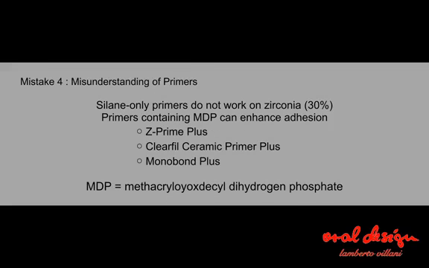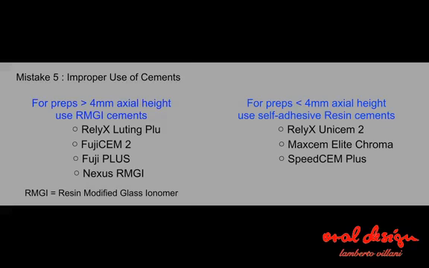Fourth mistake: misunderstanding of primers. Silane-only primers do not work on zirconia. Primers containing MDP can enhance adhesion. These are some examples: Zeta Prime Plus, Clearfil Ceramic Primer Plus, Monobond Plus. Fifth: improper use of cement.